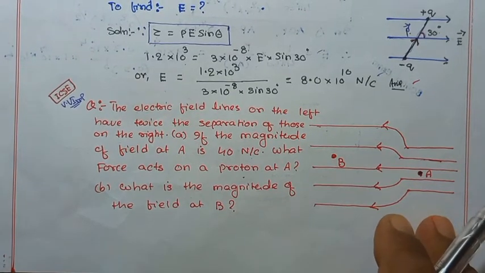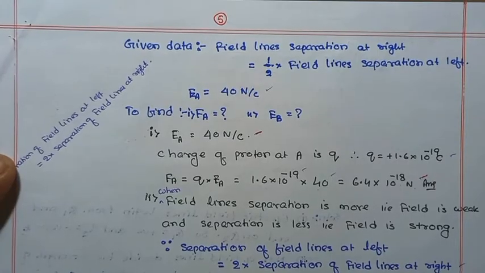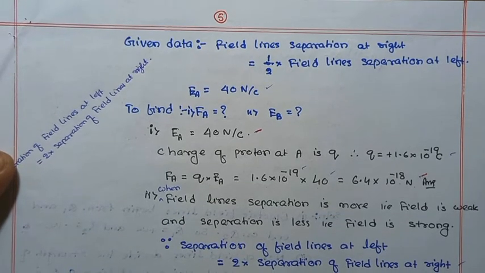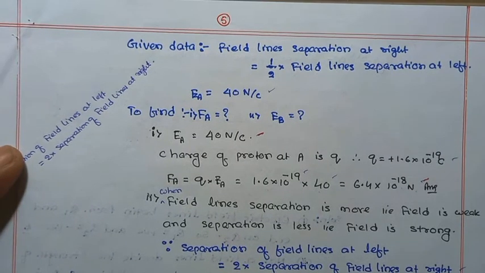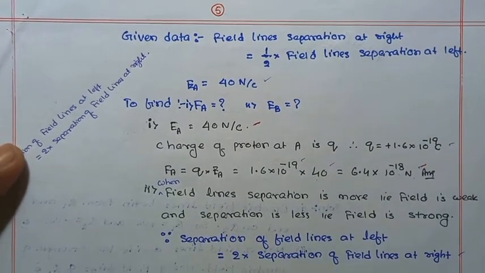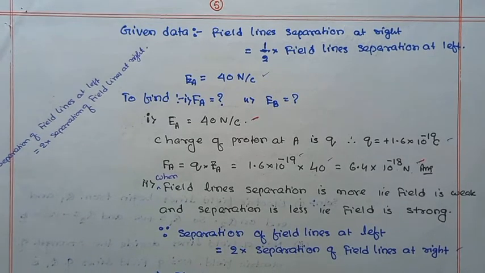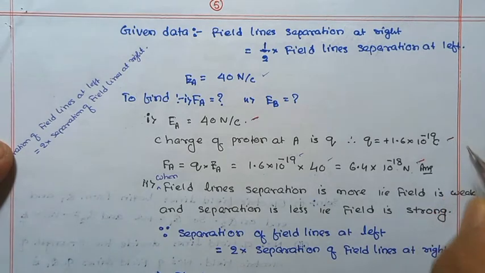Okay? So now we will calculate the force at A. The electric field intensity at A is given as 40. The proton is placed at A. A proton is a positively charged particle, so the charge of a proton is plus 1.6 into 10 power minus 19 Coulomb.